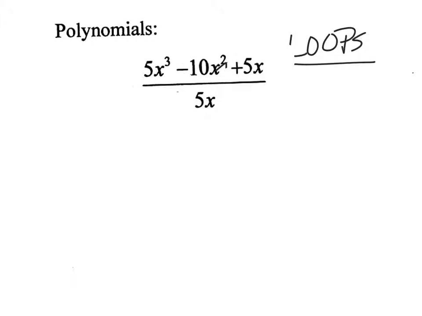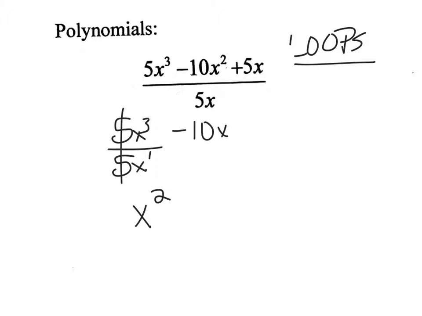So here, when we divide 5x cubed by 5x, interestingly enough, that was the exact problem that we did first. So the 5's cancel themselves out, 3 minus 1 is 2. The next one, we do negative 10x squared divided by 5x.